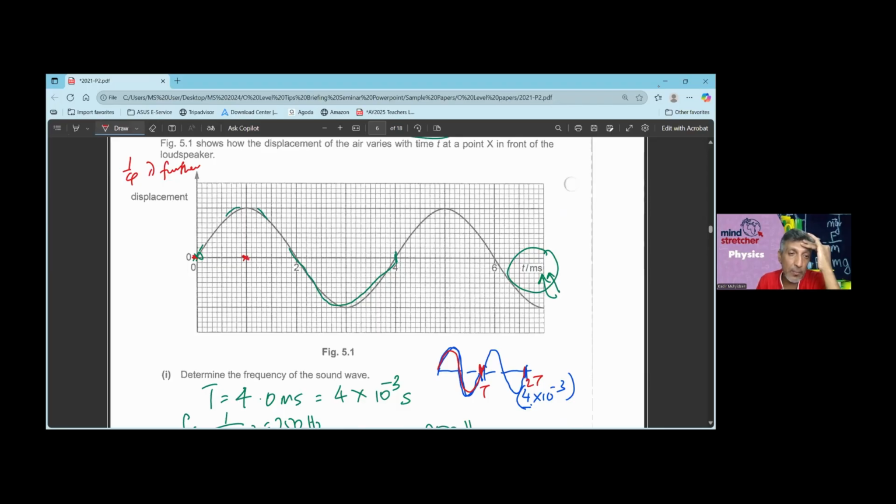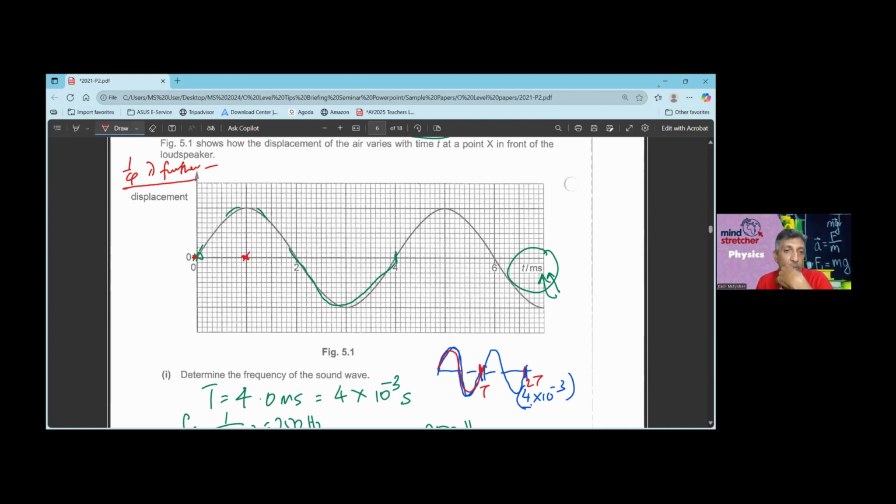So that particle there, its motion will be 1/4 of a period behind that of this particle here. So this is the 1/4 point.